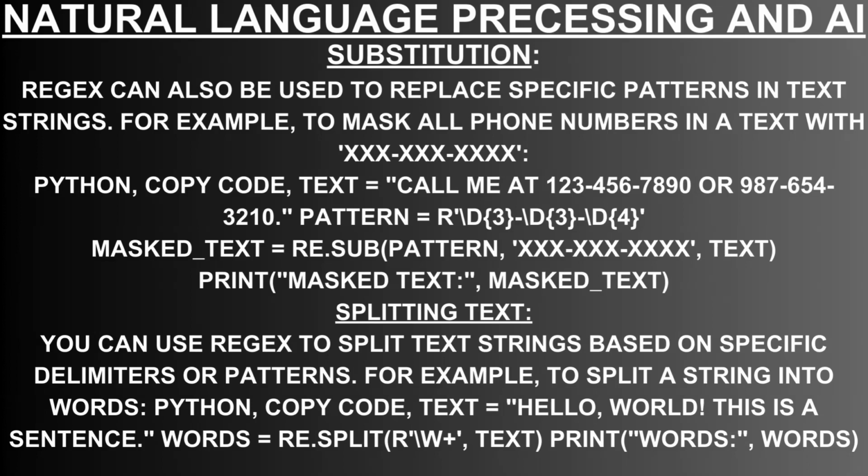You can use REGEX to split text strings based on specific delimiters or patterns. For example, to split a string into words, Python: text = "Hello world. This is a sentence.", words = re.split(r"\W+", text), print words.